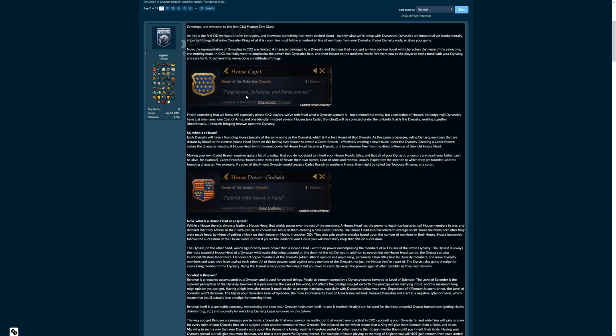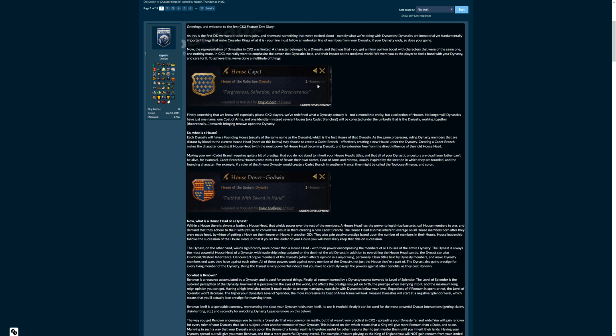I mean, even if you have a very, very tiny family, or as you can see, you have two houses here. So that's something like you have the Godwin dynasty or the Robertine dynasty, and that has two houses. So will the number of houses increase?